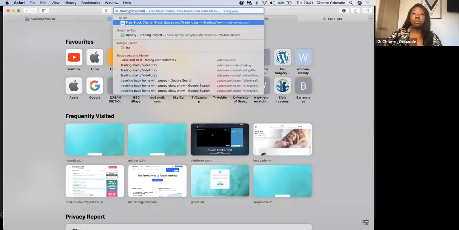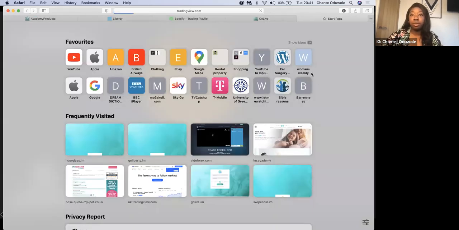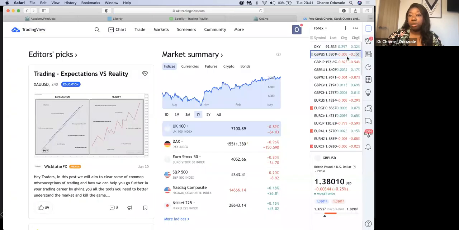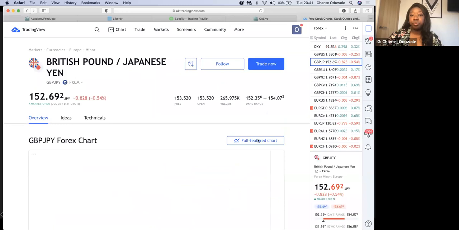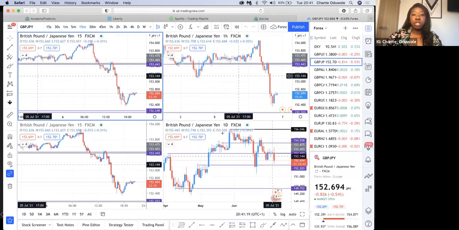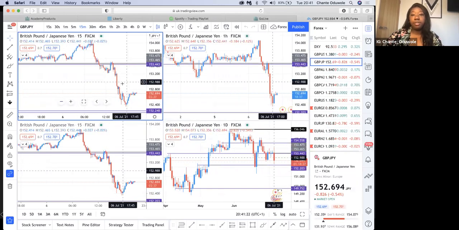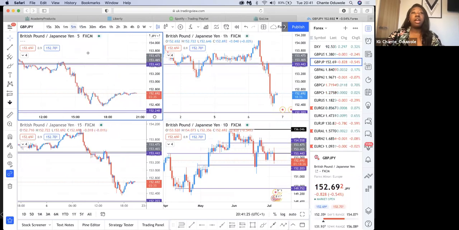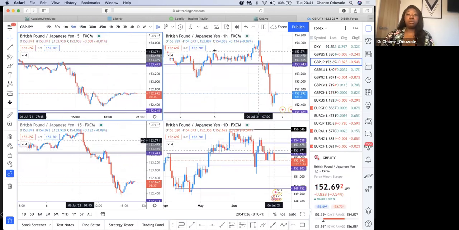So if I go straight to my TradingView now, just to show you as well, let's look at GJ. Once again, as I said before, it's usually split into 4. I have 15 minutes. I don't know why it's this on this one. I normally have 5 minutes, 15 minutes, 1 hour.